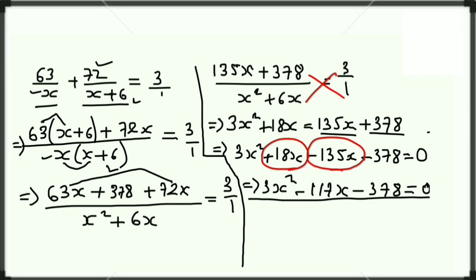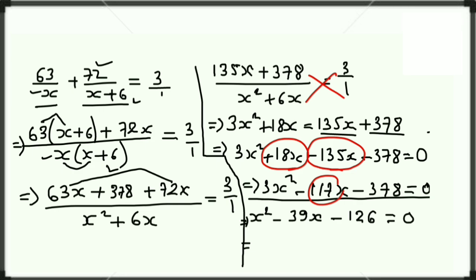So after taking 3 as common, here we obtain a new equation: x square minus, 3 divides 117 by 39 times x, minus, 3 divides 378 by 126 times, equal to 0.